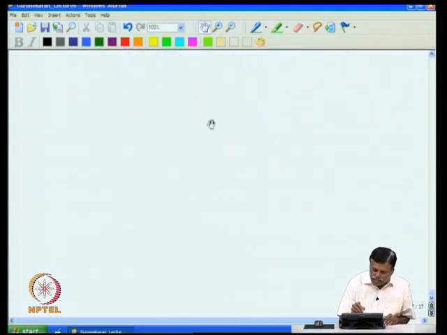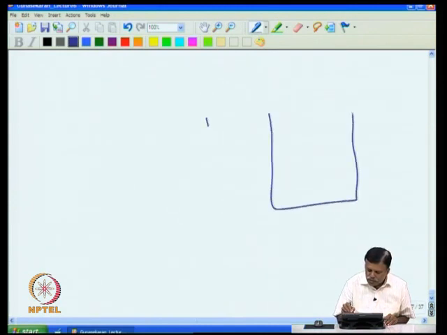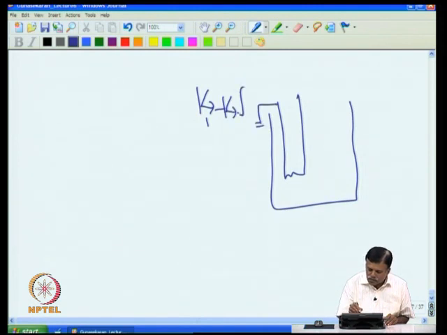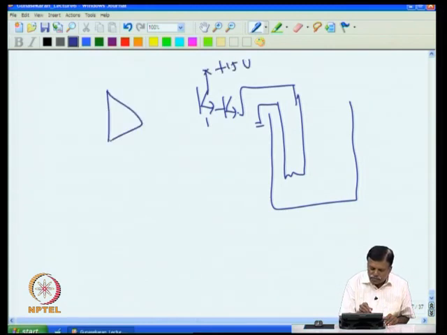See, I draw only the heater part and the last part. So you have the heater voltage here, and the heater was driven through a Darlington pair, and the heater voltage was given to this, and you have here plus 15 volt, and then this is the final op-amp output that was given to this, and this is the gain stage.